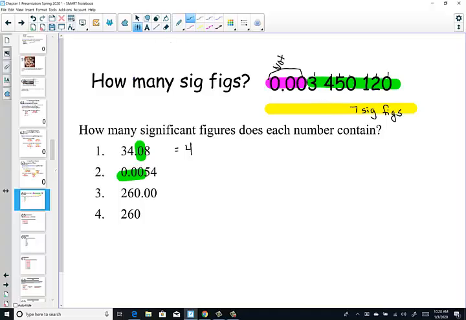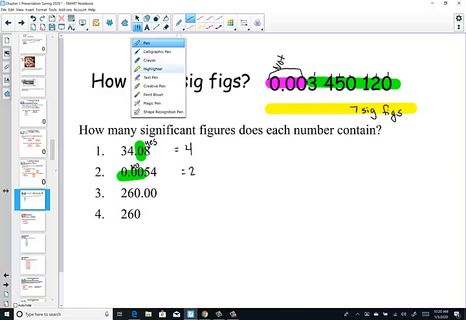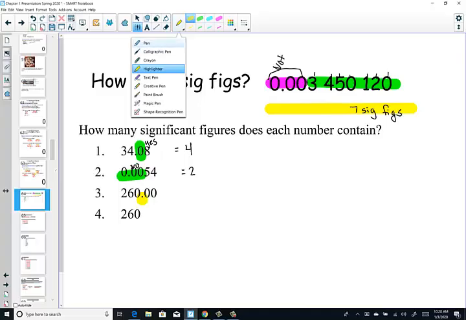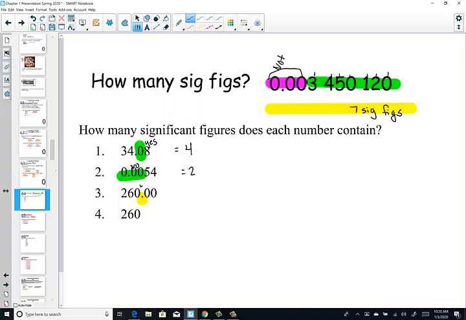Those zeros are placeholders and are therefore not significant. In the next example, we have 260.00. This is a number that has a decimal point. Therefore, all zeros are indeed significant. 1, 2, 3, 4, 5, 5 sig figs.